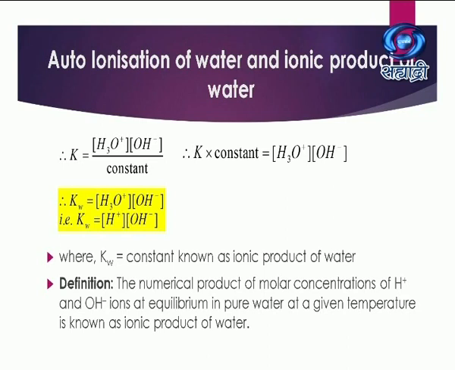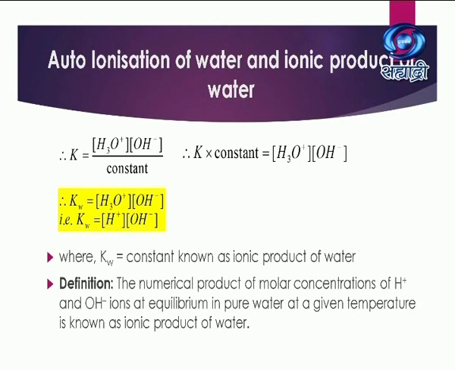The symbol is Kw. So the definition is: the numerical product of molar concentrations of H plus and OH minus ions at equilibrium in pure water at a given temperature is known as the ionic product of water. The same mathematical definition we just wrote in the form of words.